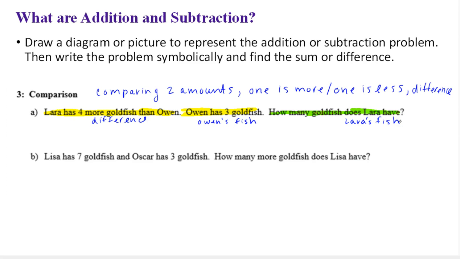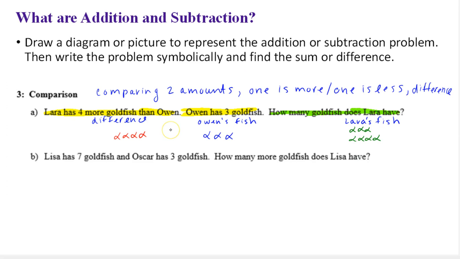Okay, so let's draw a picture. Okay, let's start with Owen's fish. So Owen has, sorry, that's the best I can do for fish. Owen has 3 fish. Okay, the difference is, let's make this a different color, 4 fish, and we want to know how many Lara has. Okay, so since Lara has more, these 4 more, then I'll put over here that Lara has the same number of fish as Owen plus an additional 4 fish.